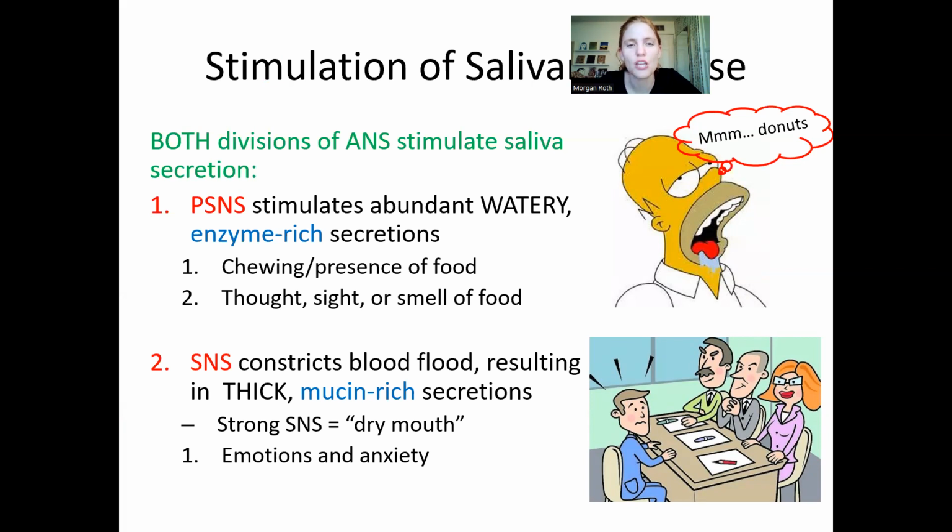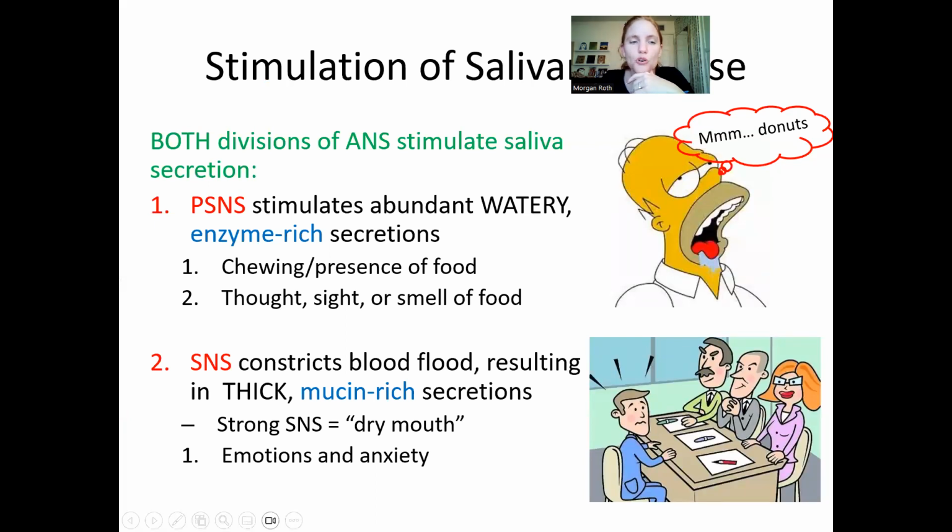Okay, so usually the parasympathetic nervous system stimulates the digestive system and the sympathetic nervous system inhibits it. But in this case, we have an example where both divisions of the autonomic nervous system are stimulating the release of saliva, but what changes is what's in the saliva.